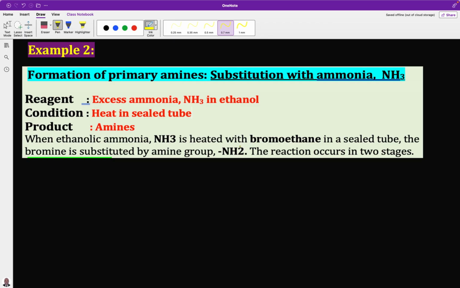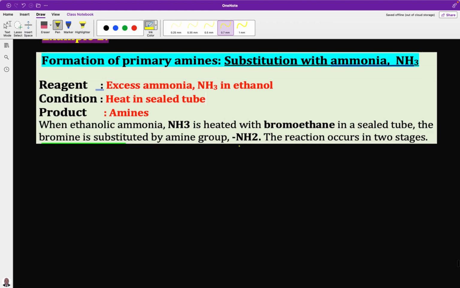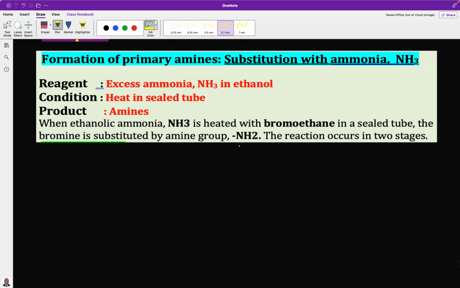The reaction occurs in two stages. This reaction, even though bromoethane is a primary halogenoalkane, goes through two stages.